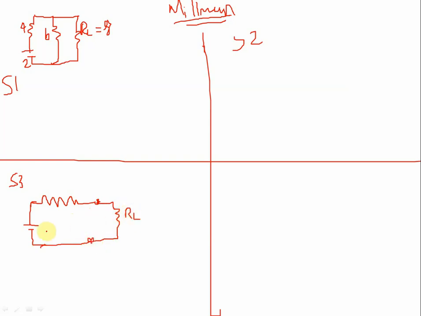Then, as usual, you find the load current IL, which is V by R. Here, instead of VTH we have VE, and instead of RTH we have RE. Step 1 is to find VE, step 2 is to find RE.